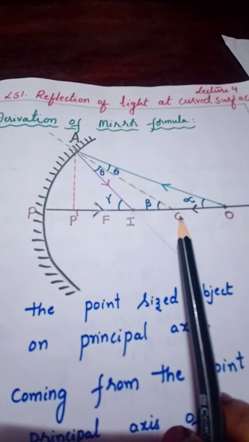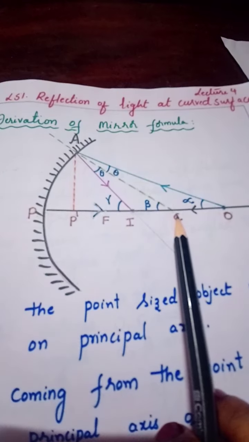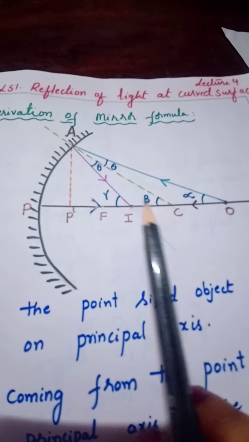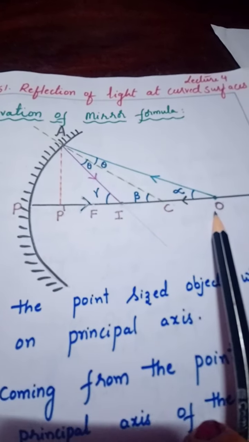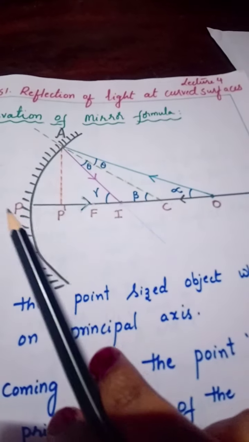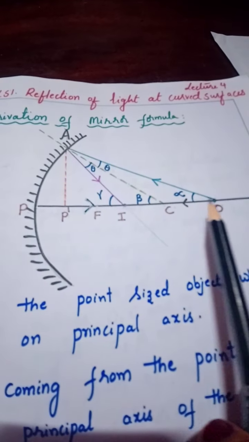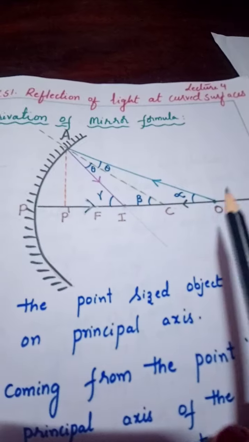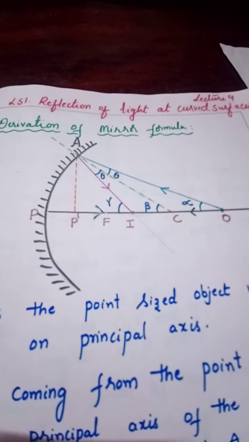This radius of curvature is also negative, because it is opposite to the incident ray direction. And the distance between pole and object is also negative, because again we are going opposite to the incident ray direction. If we go opposite to the incident ray direction, the distance should be considered negative. So all of the distances are negative only.